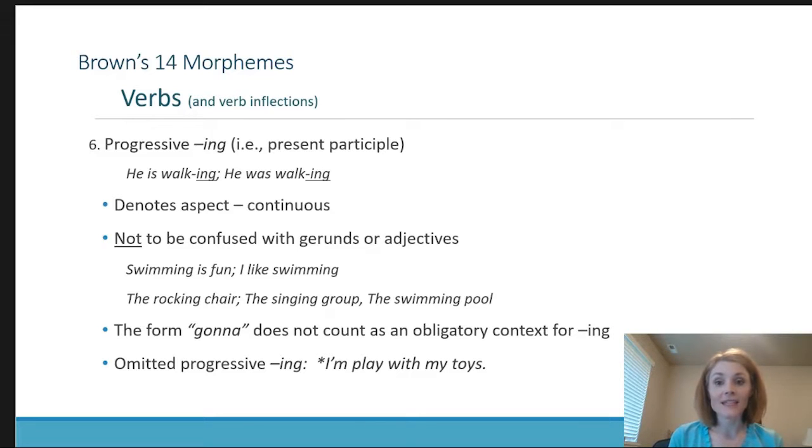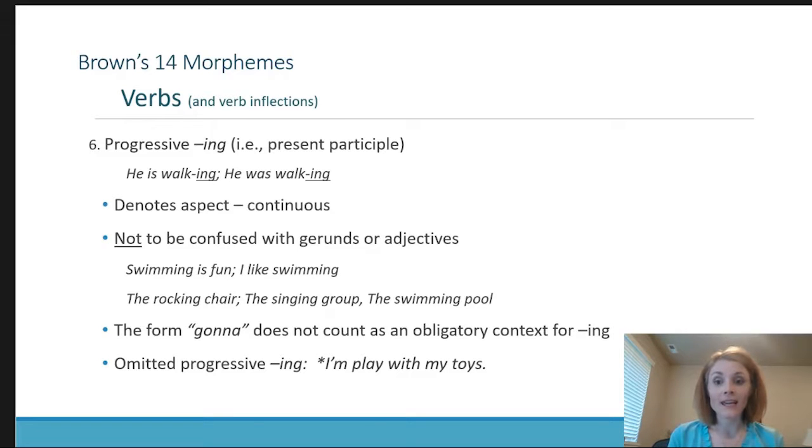But just know that progressive ing can be either past or present, as we can see in the examples. He is walking, which is a present tense sentence, and he was walking, which is a past tense sentence.